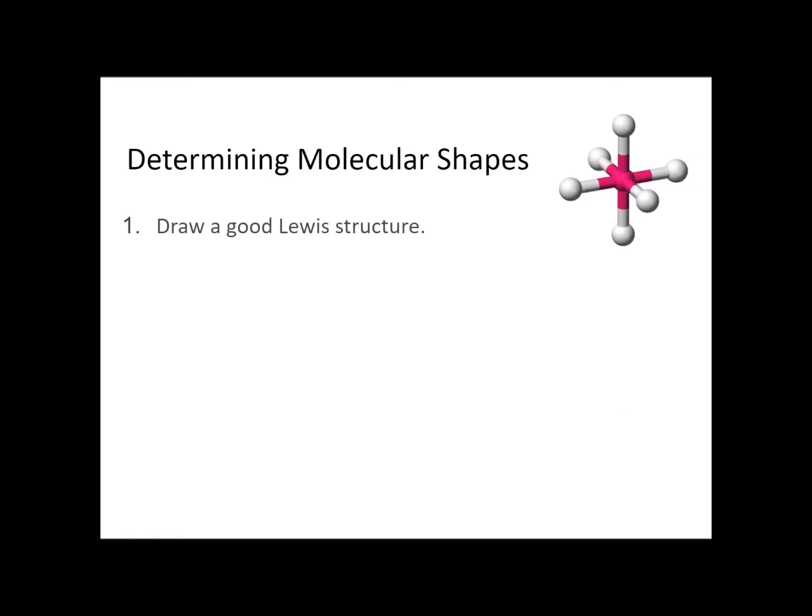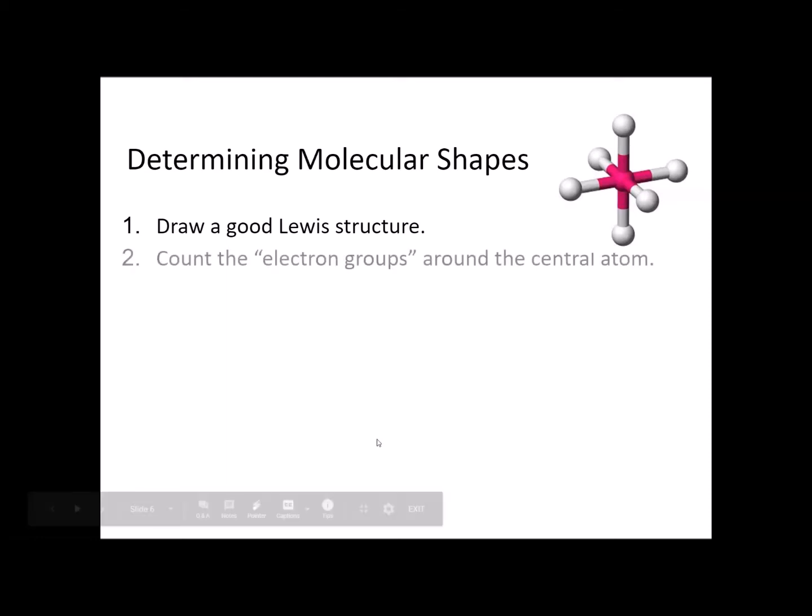Okay. There are 4 steps that we're going to follow when determining molecular shapes. Number 1, start with a good Lewis structure. If you didn't do a good job writing a good Lewis structure, nothing else matters. You're going to get everything else wrong in terms of finding molecular shape. You've got to have a good Lewis structure to begin with.